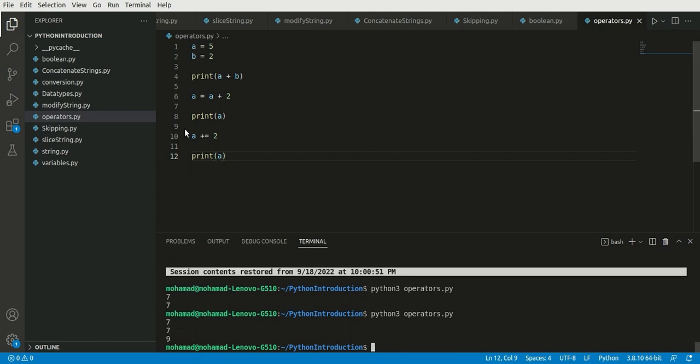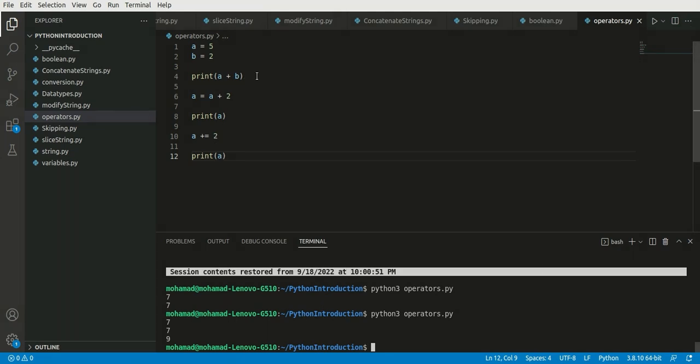As you can see here, we've added A plus 2 and the result has been 7. Also the result of A plus equals 2, A was 7, so after being added up by 2 it becomes 9.